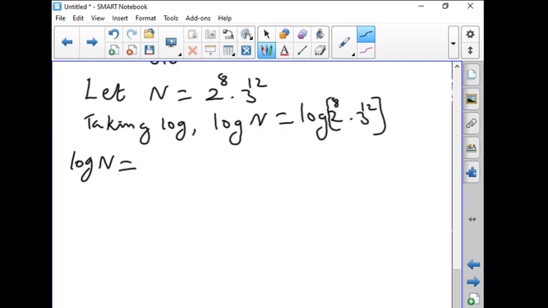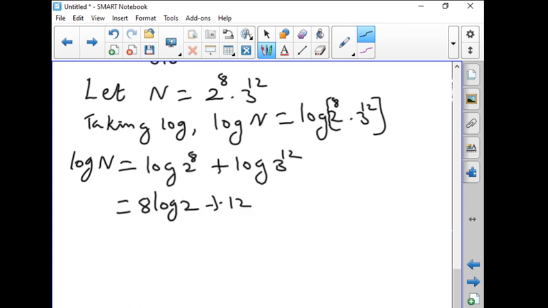So, what is the product rule? Log xy is equal to log x plus log y. So, log 2 power 8 plus log 3 power 12. So, it is equal to 8 log 2 plus 12 log 3.